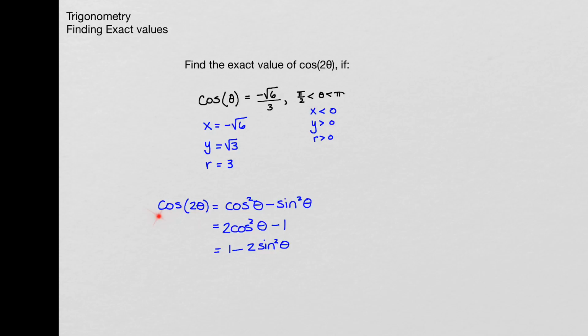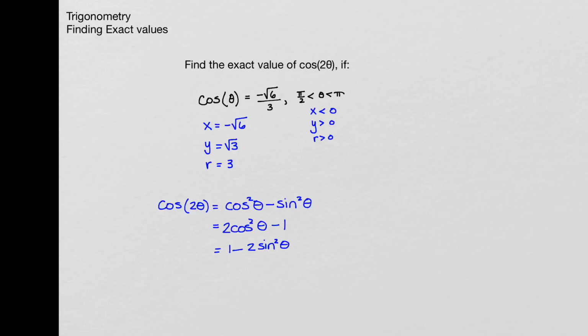The cosine of 2 theta is equal to cosine squared theta minus sine squared theta, or 2 cosine squared theta minus 1, or 1 minus 2 sine squared theta. So these 3 formulas are all equivalent to each other. So how do you decide which one to use?